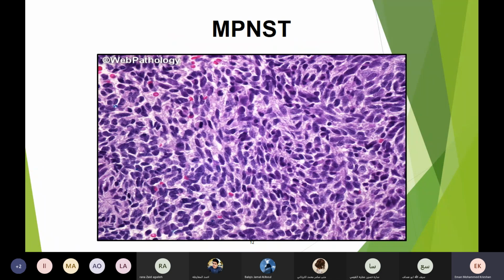Now the malignant counterpart of both is MPNST, malignant peripheral nerve sheath tumor. It's a malignant tumor. All features of malignancy will appear here. So we have hyperchromasia, hyperchromatic nuclei. Look, they are dark.